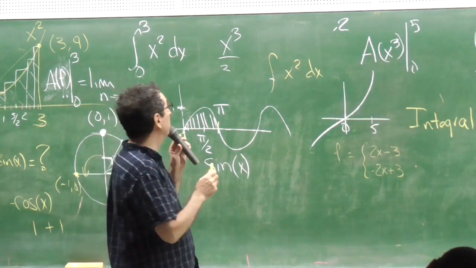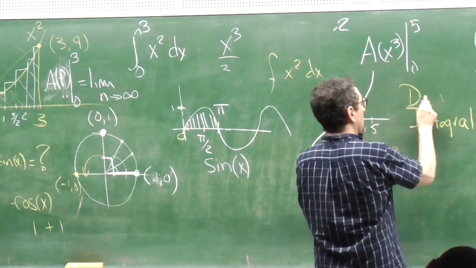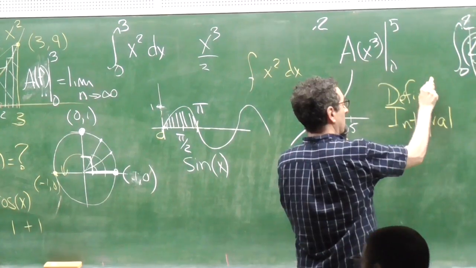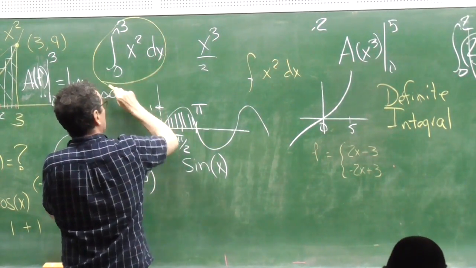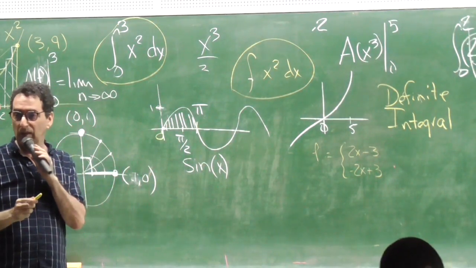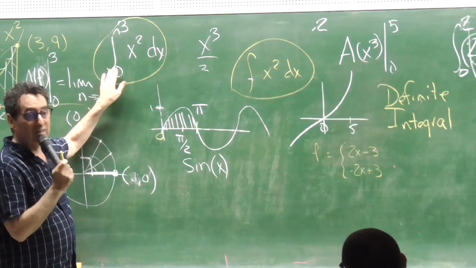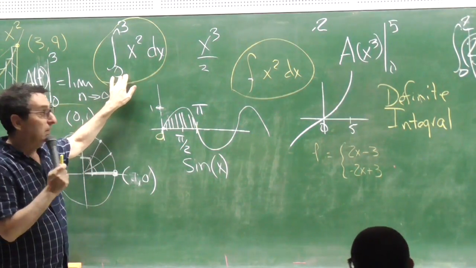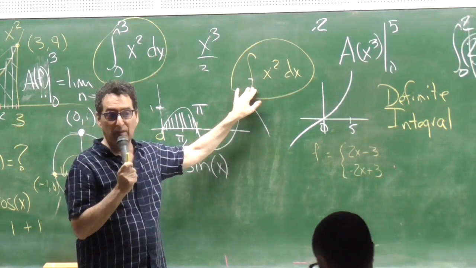So this one is called the definite integral, and this one is not called the definite integral. The definite integral is when you have an area problem. This is not an area problem. This was an antiderivative problem.